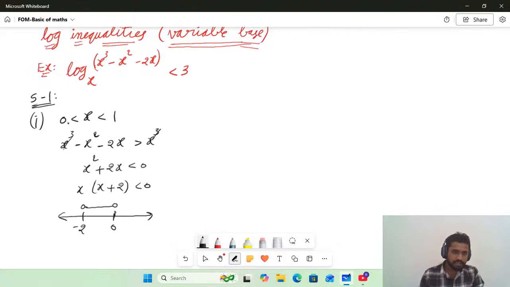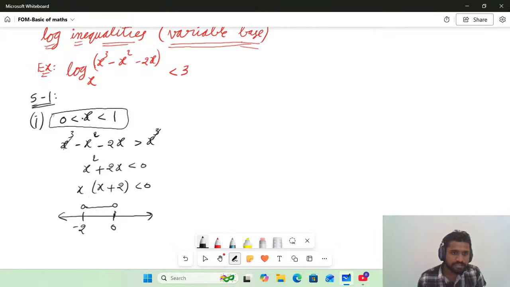But what is the case we are considering here? X should lie between 0 and 1. And what is the answer we got? X lying between minus 2 and 0. Both conditions need to be satisfied.